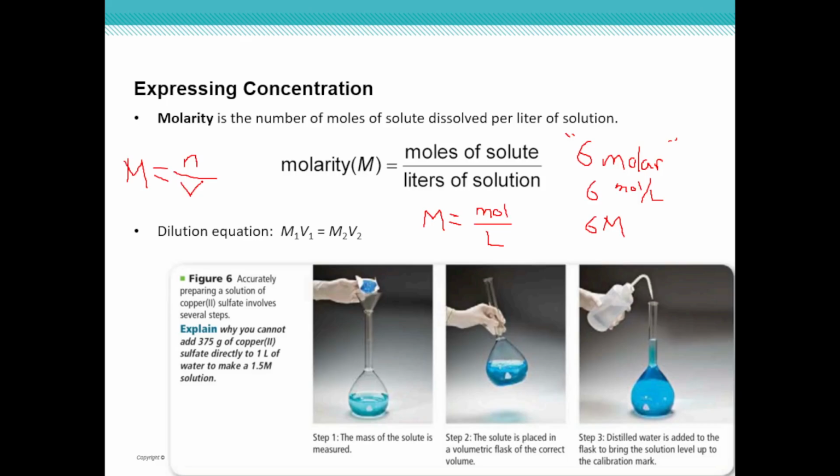So solutions are not perfectly additive in that manner. And you need something like a flask to be able to make that solution be exactly 500 milliliters. And that's what's shown down here.